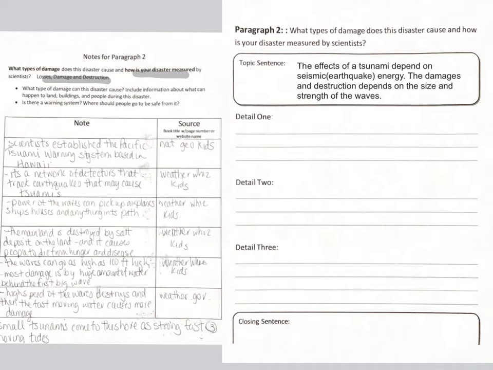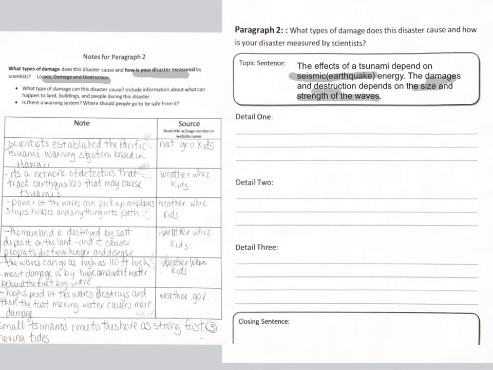Now as I decide to write my details, I want to make sure that I'm putting my details in order. So the first thing I'm going to talk about is the seismic waves and how they are determined, and then the damage and destruction, depending on the size and the strength of the waves.